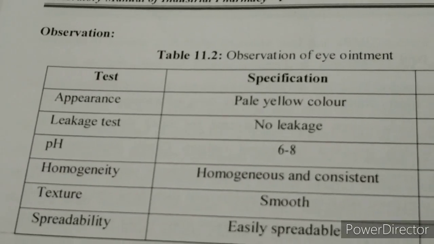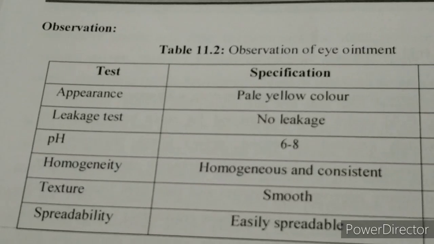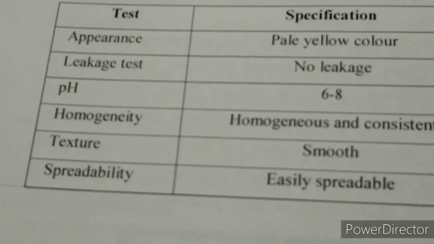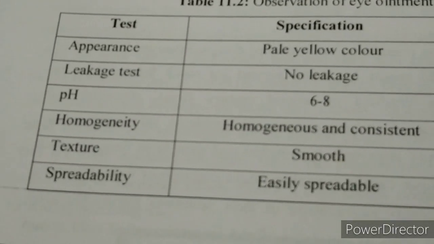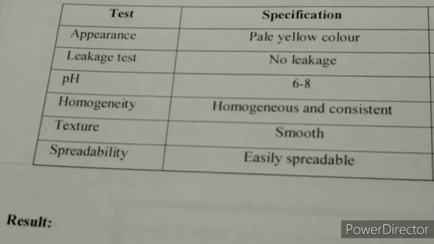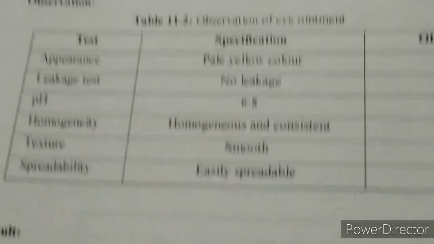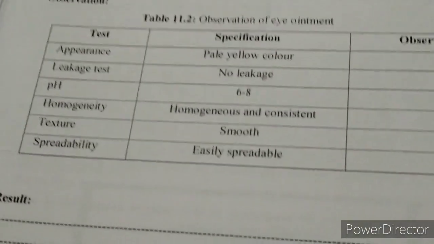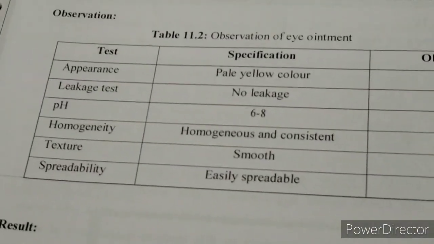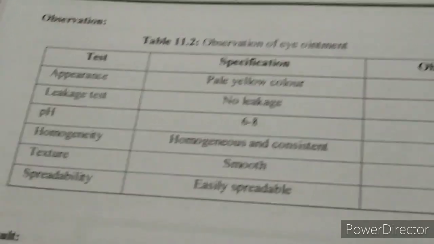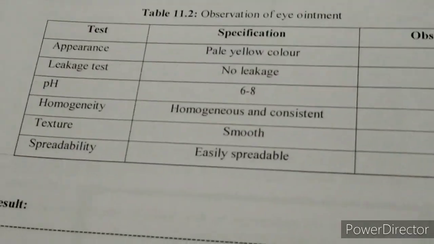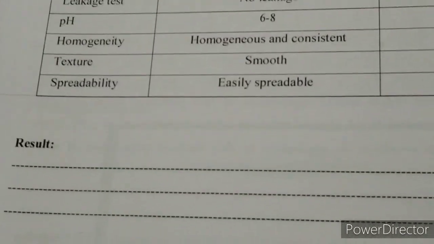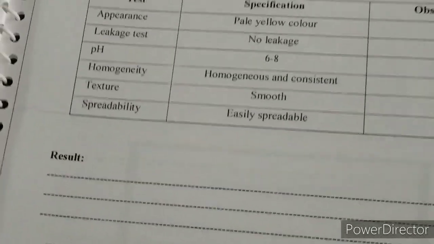Then homogeneity, homogeneous and consistent. Texture should be smooth. Spreadability, easily spreadable. By application on the skin, we will judge the spreadability. Then we can judge the texture, homogeneity, and compare our observations with this standard specification, and see whether our formulation complies with the parameters or not.